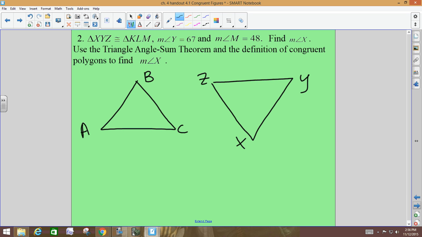And then just put your ABC and XYZs around there. And they tell me, oh, I didn't even need ABC. Geez, Carol. Sorry. KLM. Apparently I thought we needed to use other parts of the alphabet. Y is 67. M is 48. And we're trying to find the measure of angle X. So put a little angle x there.